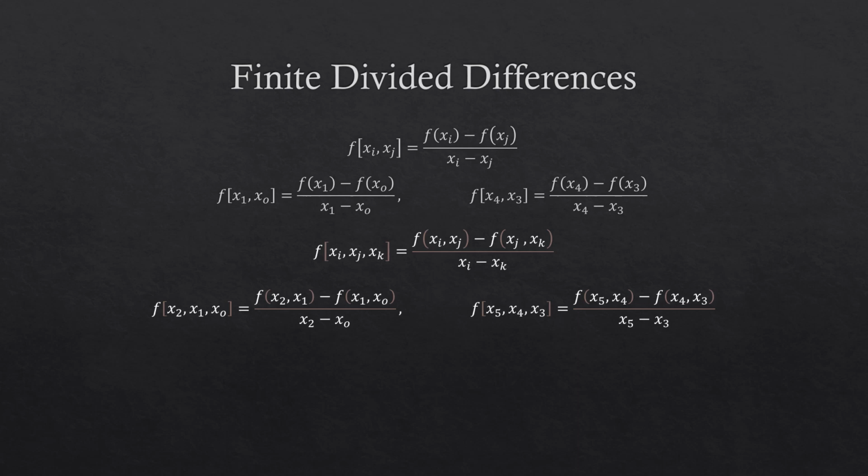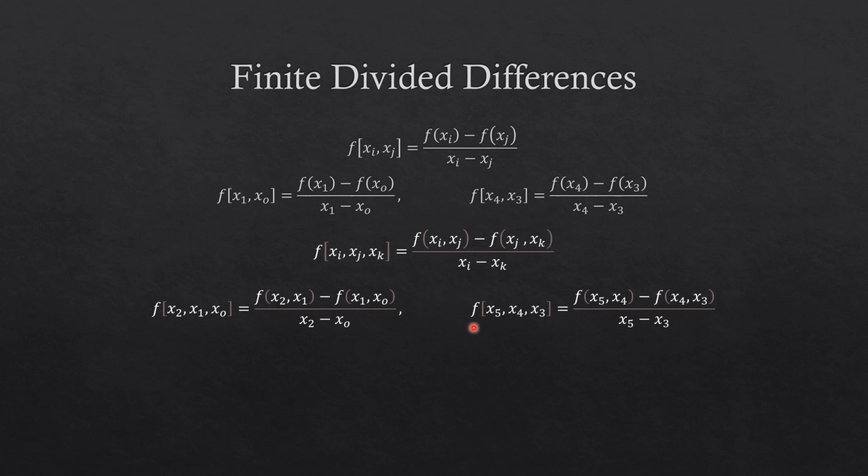So similarly, an example for the second finite divided differences is f of x sub 2, comma x sub 1, comma x sub 0, which is equal to f of x sub 2, comma x sub 1 minus f of x sub 1, comma x sub 0 divided by x sub 2 minus x sub 0.